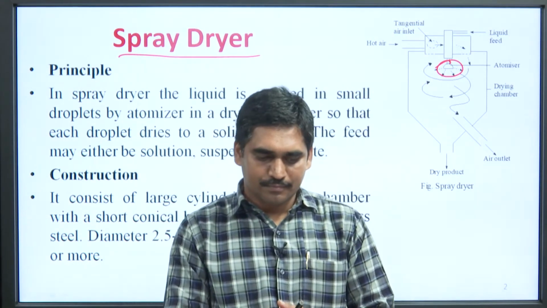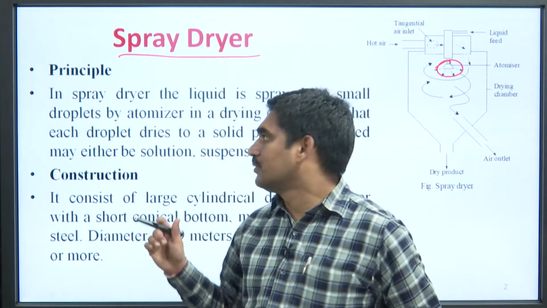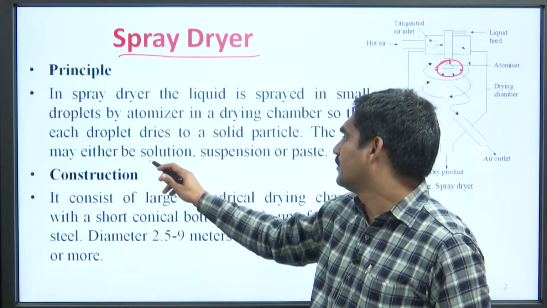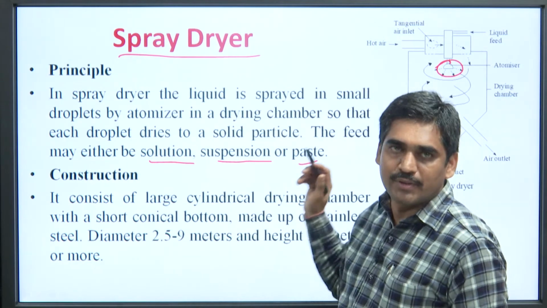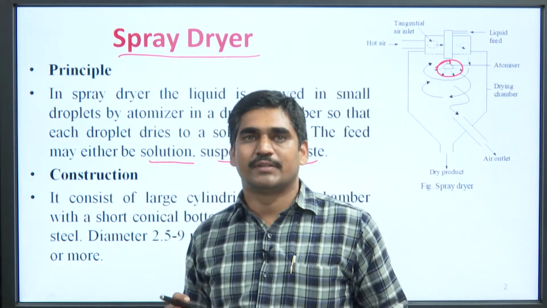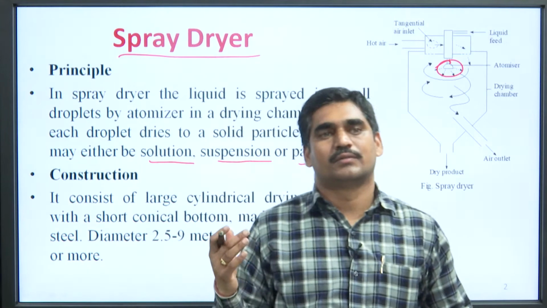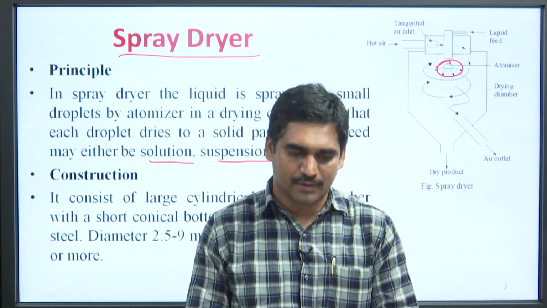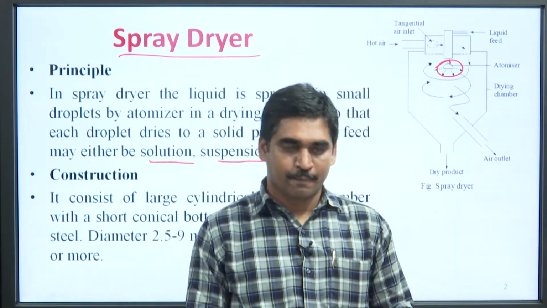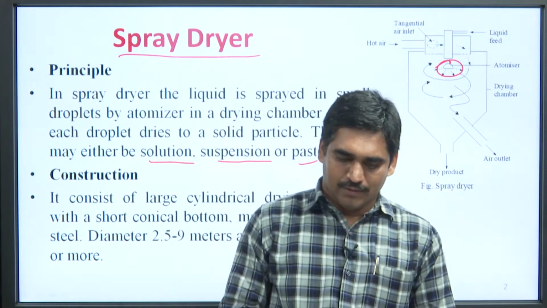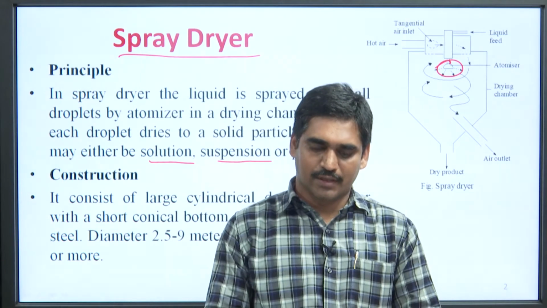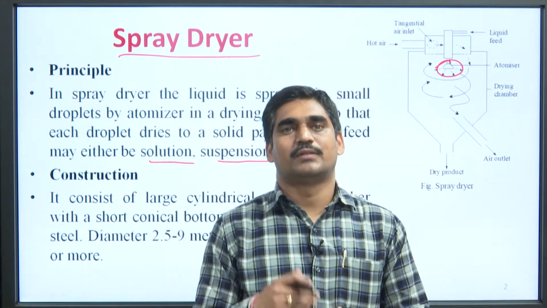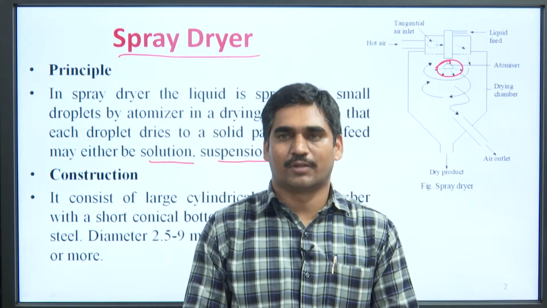The feed used in a spray dryer may be a solution, suspension or paste. These three types of materials can be dried with the help of spray dryers. Construction: it consists of a large cylindrical drying chamber with a short conical bottom.